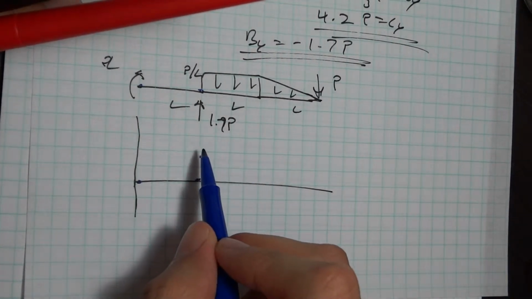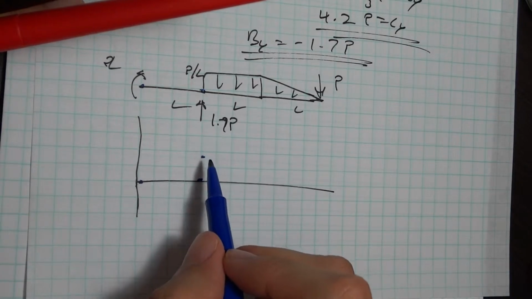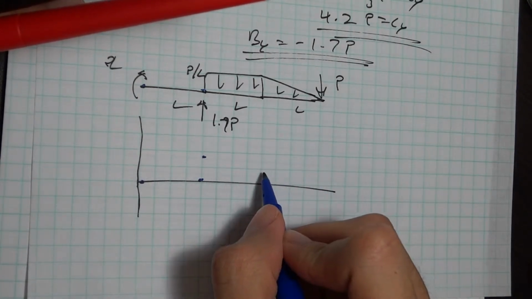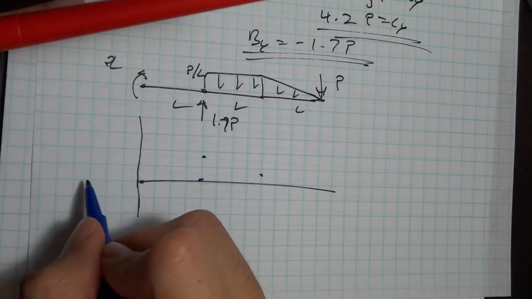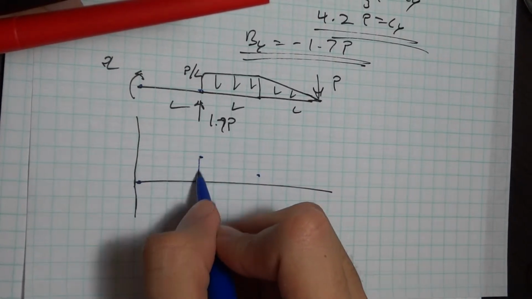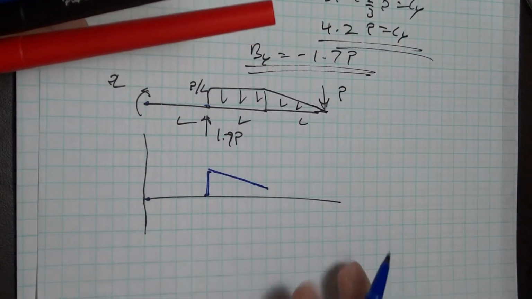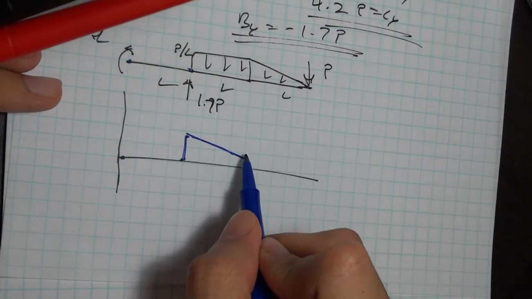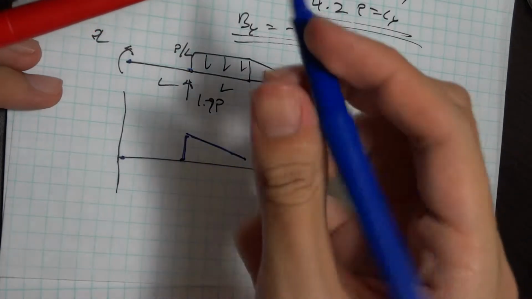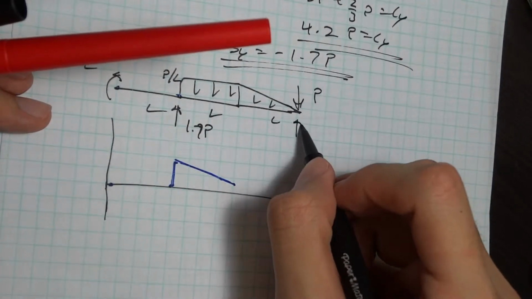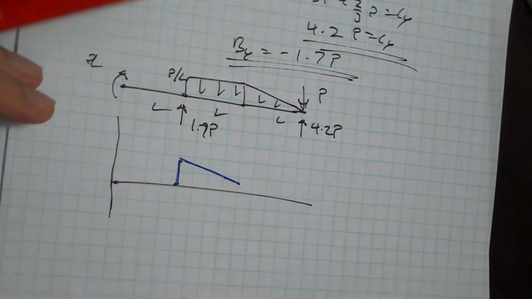And then we go down by 1P over some length L. So all the way over here, we go down by 1P. So let me connect these. This does not go all the way down to the axis. Oh, I forgot to draw one more. One more force here.